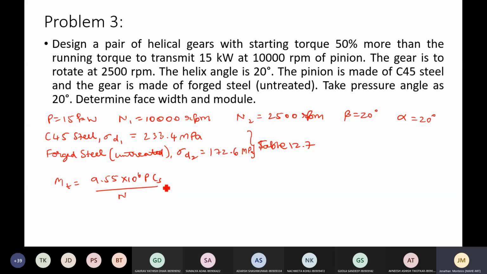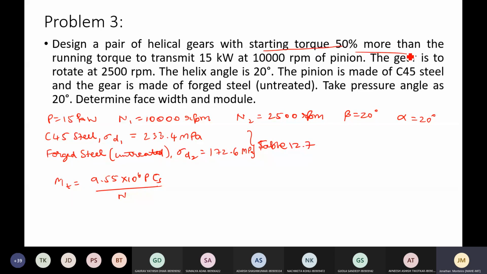Now this has to be given some value, right? P is 15 kilowatts. N is the rotation, that is RPM, of whichever pinion or gear you are taking into consideration. And what about CS? Now this is the one which will decide what you're trying to tell here.